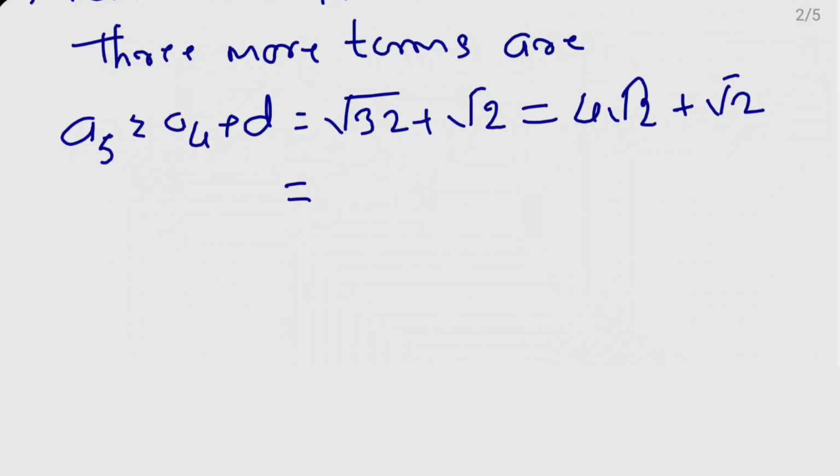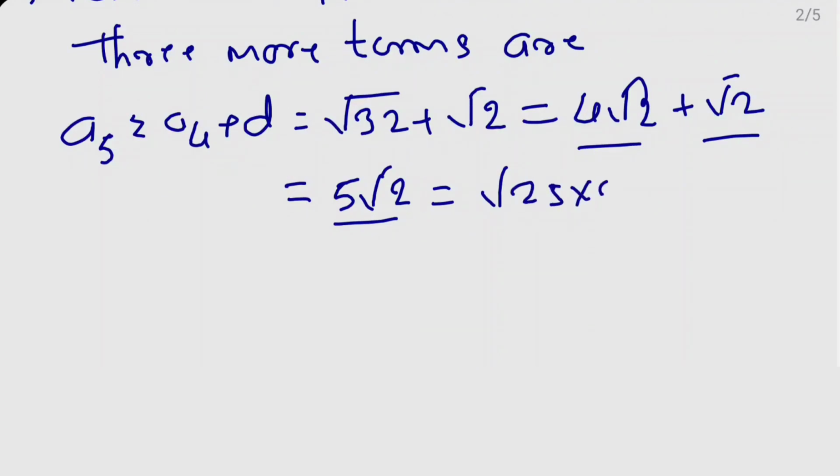So 4 root 2 becomes 5 root 2. This we can write as root of 5 square, which is 25, into 2, so 25 times 2 is 50. a5 is root 50. Is it clear?